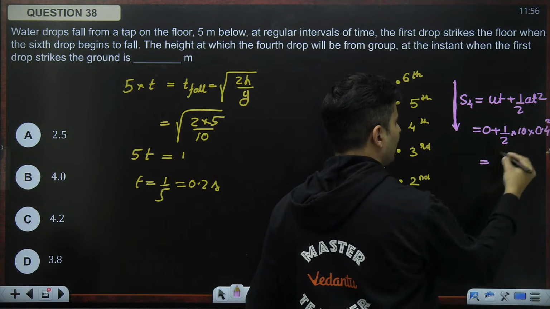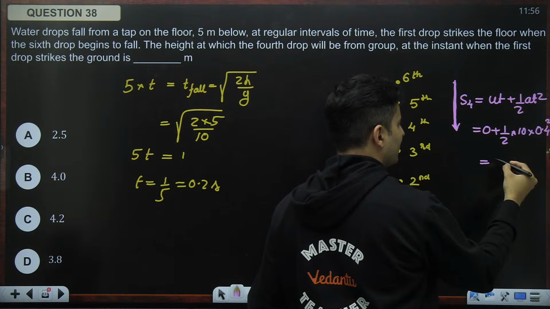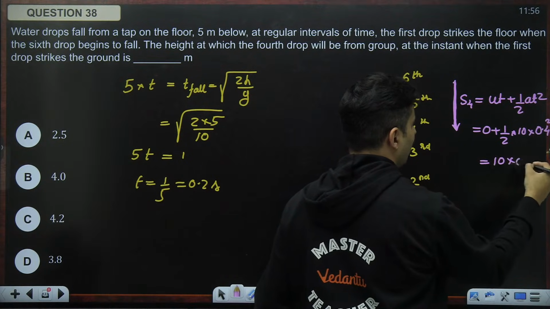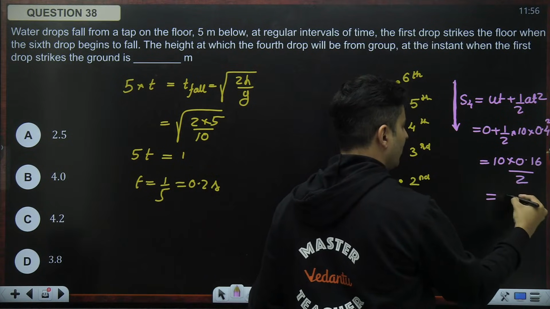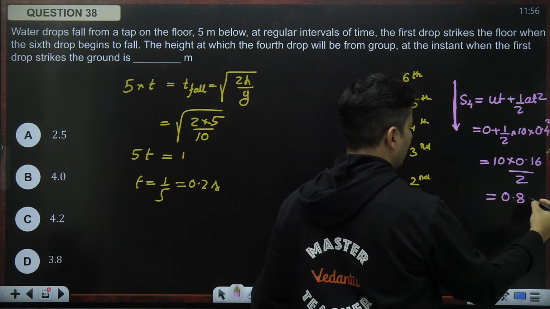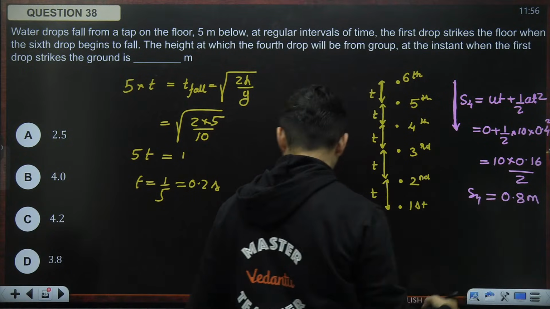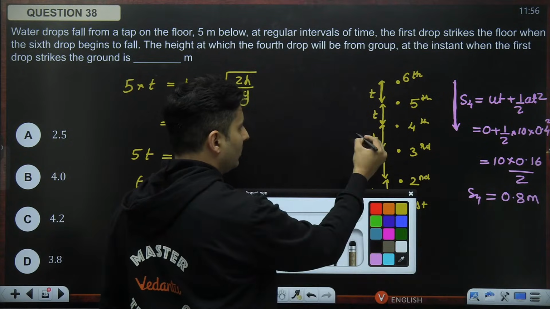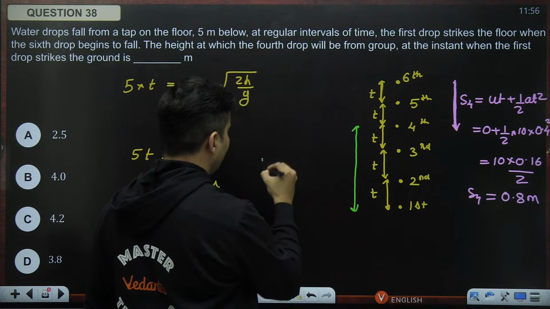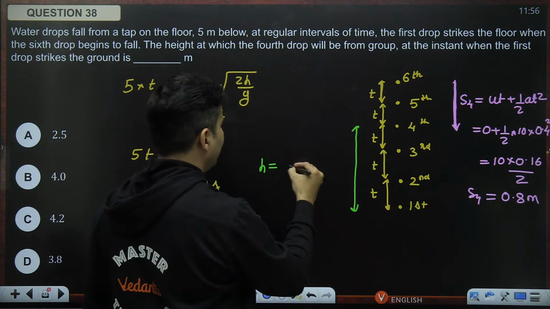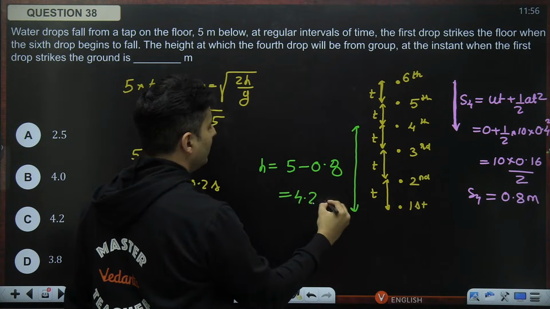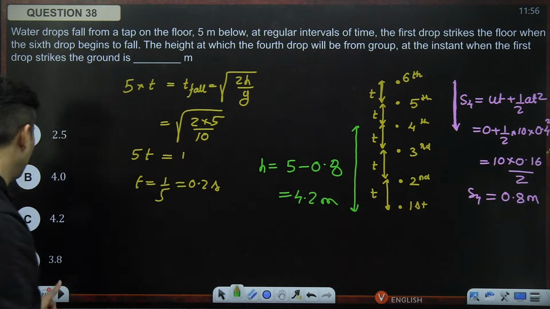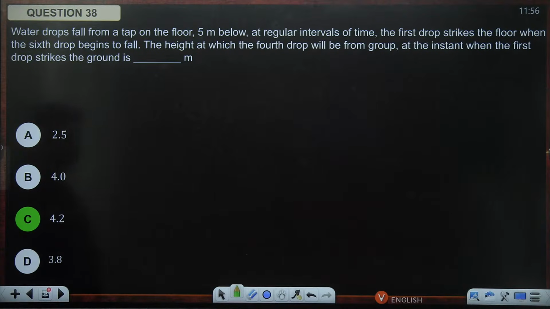So this will just become 0.16. So 10 multiplied by 0.16 divided by 2, which is 0.8. So it will become 0.8 meters. That is the displacement. But they have asked it from the ground level. So this height they have asked. So that will be the total height minus 0.8, which is 4.2 meters. So 4.2 meters should be the correct answer.